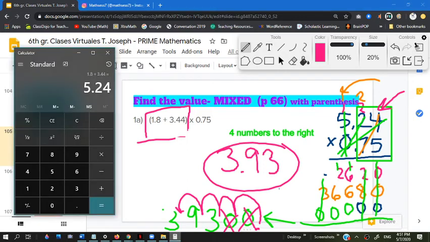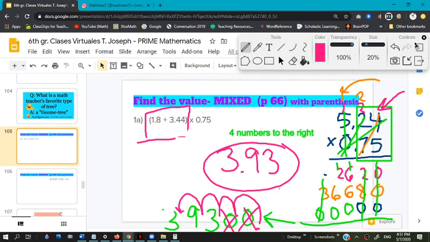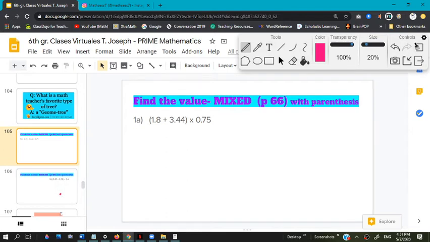Now what we're going to do is multiply that by 0.75, which equals 3.93. We got the exact same answer as when we did it by hand. Okay, cool. Let's delete everything on the page and go to the next problem.